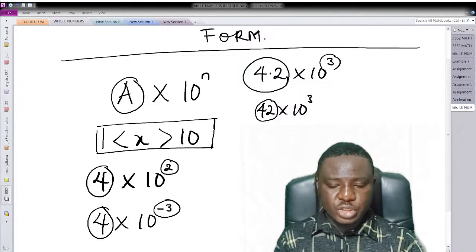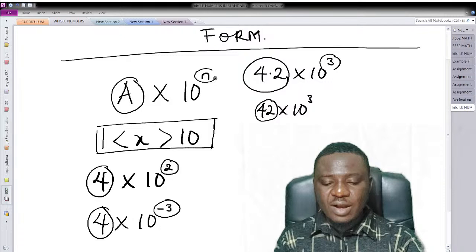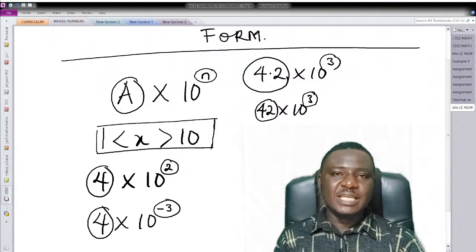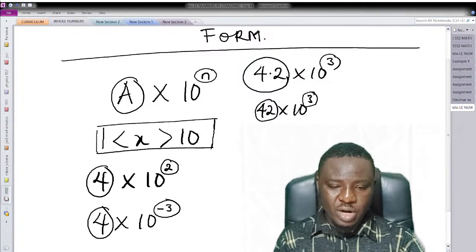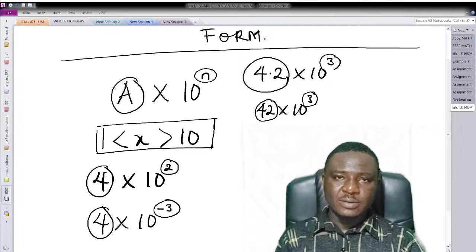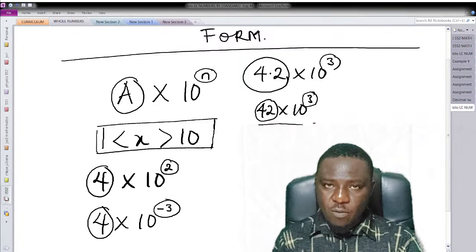Remember, I gave you 2 conditions: for a number to be in standard form, it must lie between 1 and 10, and the value of n must be either a positive or a negative whole number. Now, the value of n is a positive whole number, which is one of the criteria, but 42 is not a number that lies between 1 and 10. So this is said not to be in standard form.